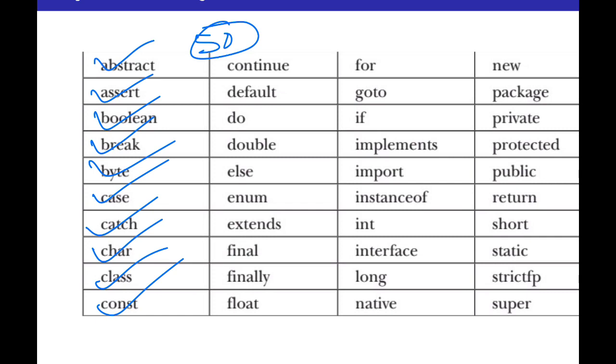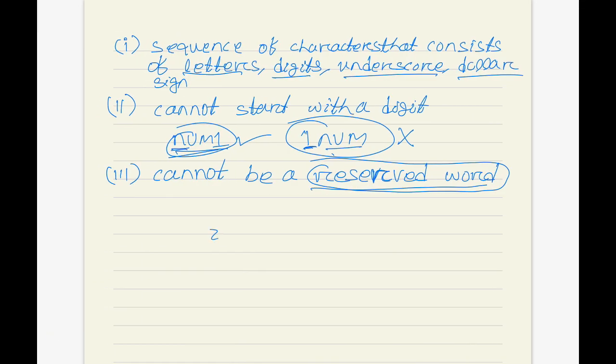If you write int goto, this is not valid because goto is a reserved word or keyword. So we cannot use goto as an identifier.